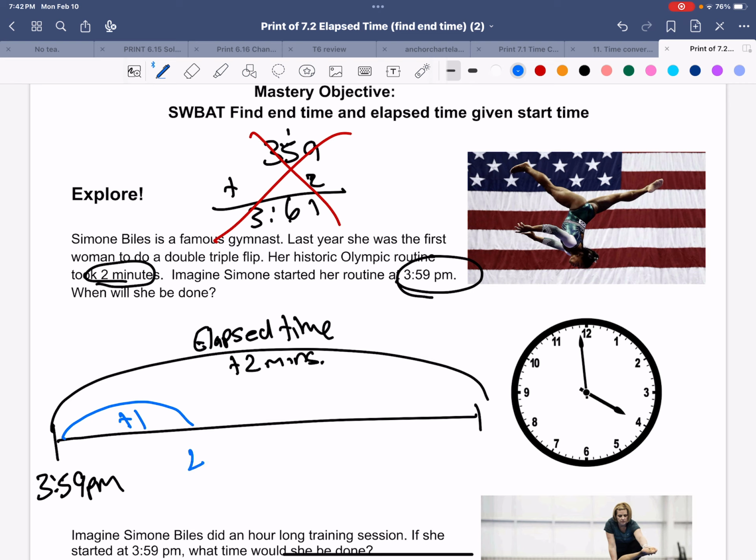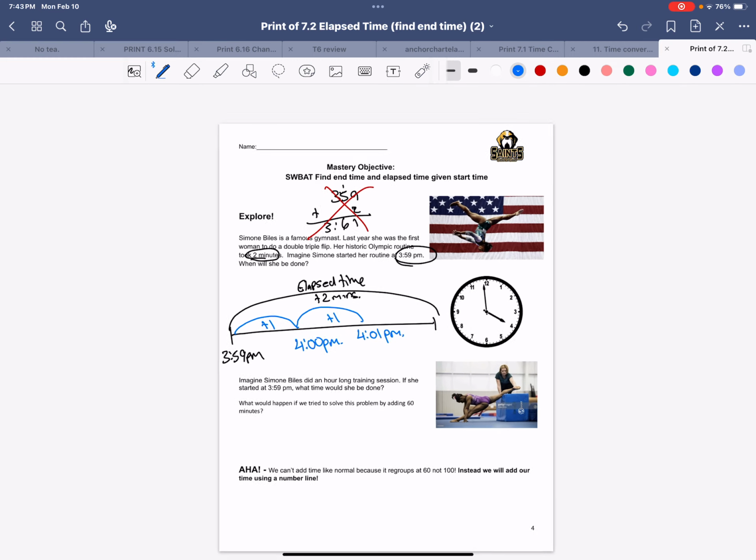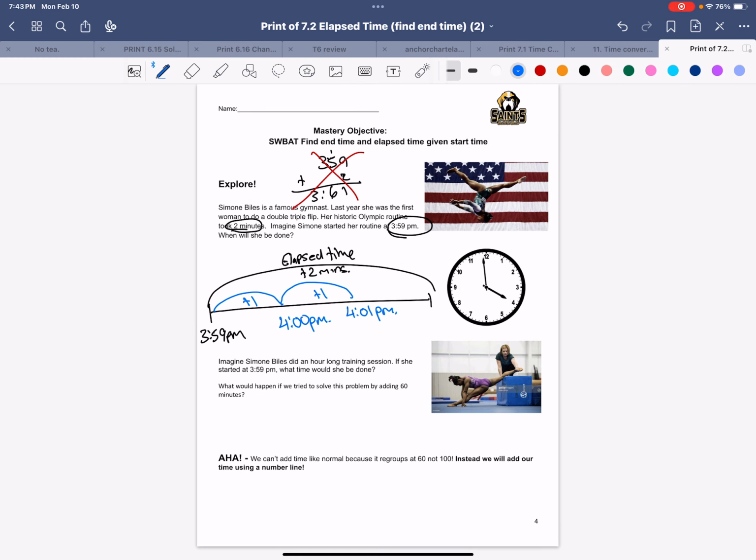Gets me to 4 p.m. And then plus another minute gets me to 4:01 p.m. So after 60 minutes, my clock restarts to the next hour. That's how time works. That's why I can't just add 3:59 plus 2 minutes to get 3:61. There's no such time like that. All right, keep that in mind while we're moving forward here.